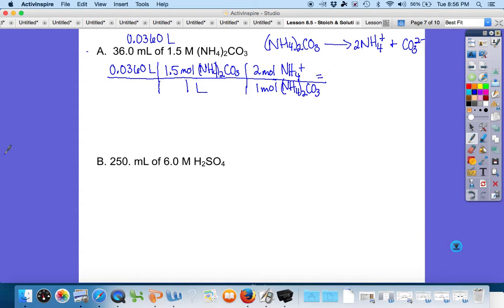So 0.036 times 1.5 times 2 is going to give us 0.108 moles of our ammonium ions. Divide by our volume to find the molarity, or the concentration, of our ammonium ions.